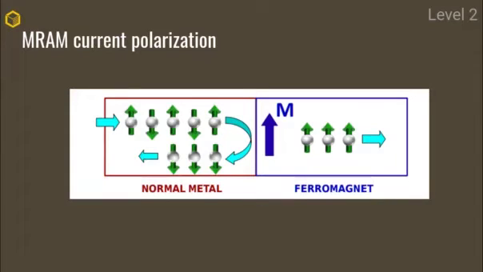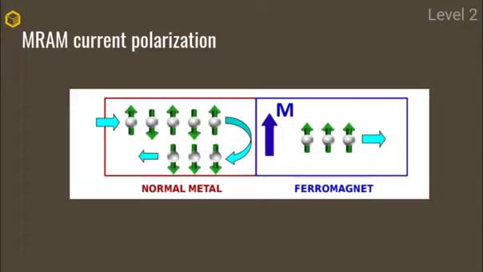An interesting concept that we will be manipulating for MRAM is the idea of current polarization. Basically, your electrons can be polarized with spins. So you can have a 1.5 spin, which we will call for our purposes positive, and a minus 1.5 spin, which we call negative. We consider this the polarization of an electron. So in normal metal, you have the same probability of having positively polarized electrons and negatively polarized electrons.